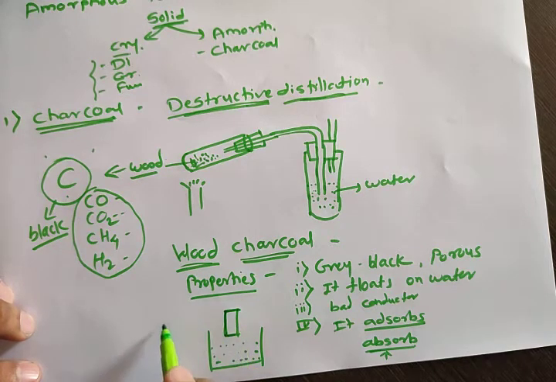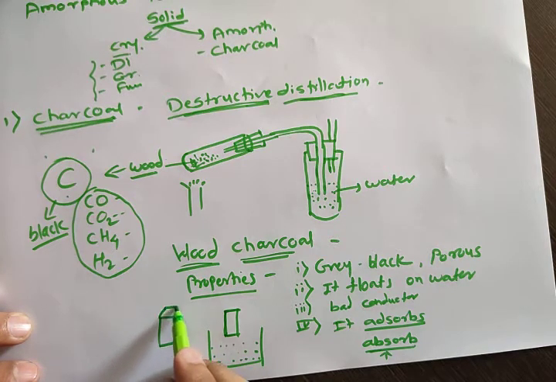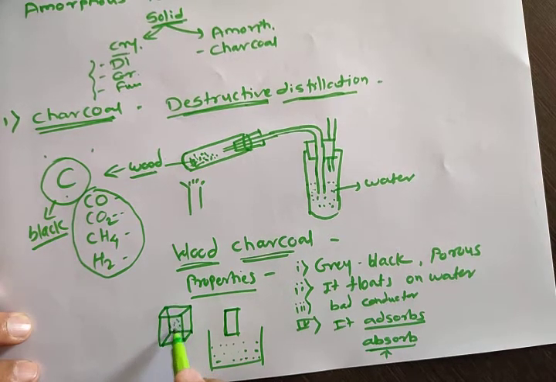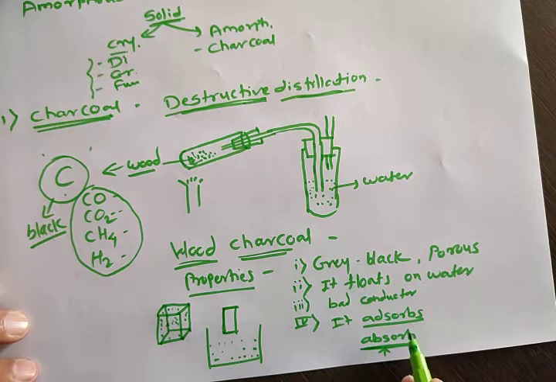If we take the sponge out of the water, we will observe that its weight increases, and the water is distributed not only on the surface but inside the sponge also, correct? So this is absorption. What is adsorption?